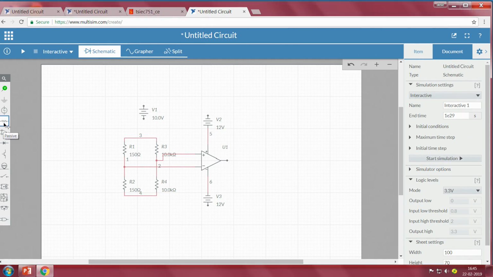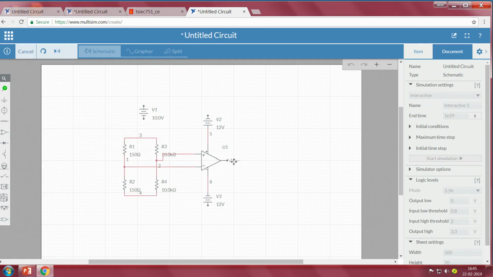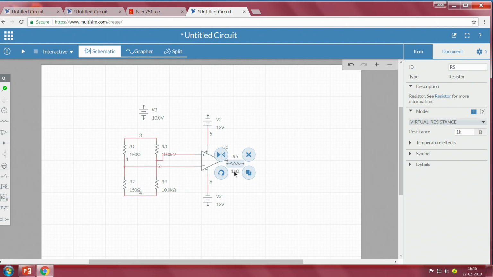And then let's connect a base resistor here. Let's change the value of this base resistor and keep it to around 270 ohm.